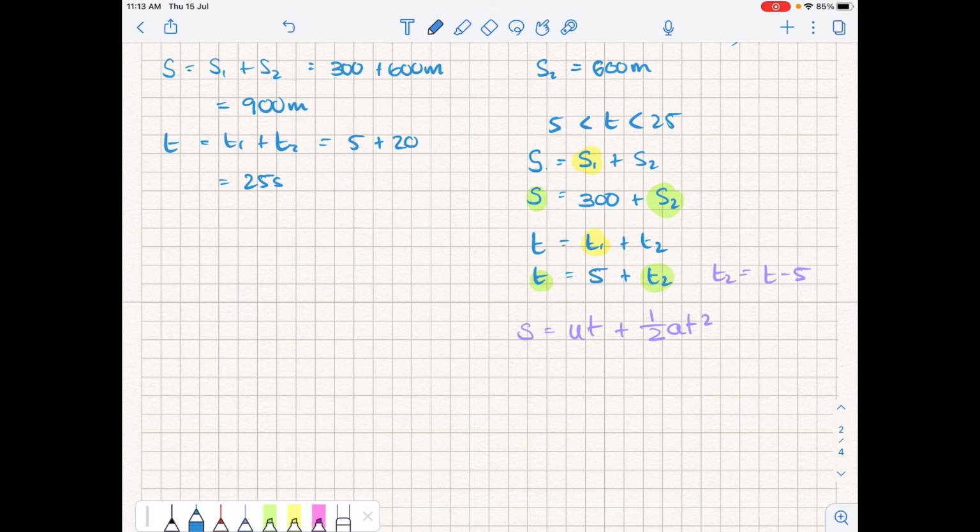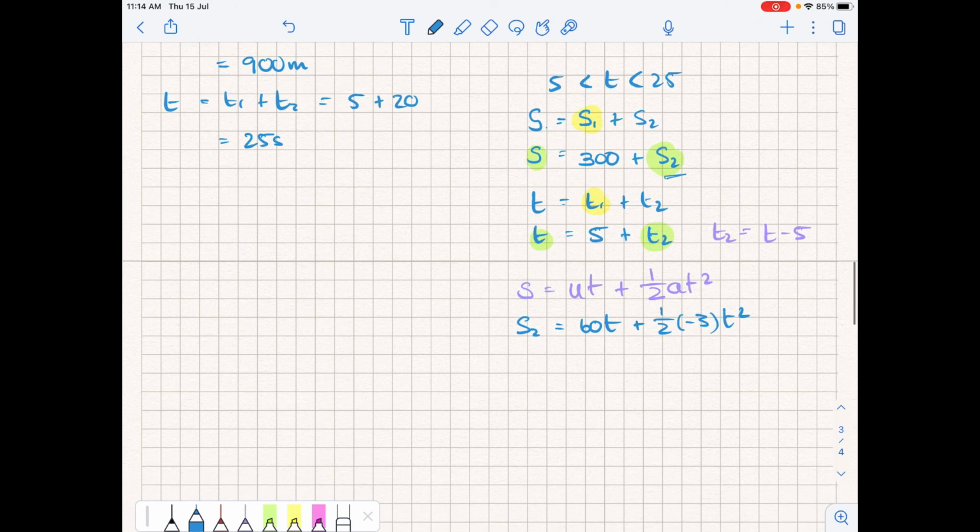Plugging in the values for S2, that tells me that S2 is equal to initial velocity, which was 60, times time, plus a half acceleration times time squared. This is for S2, right?